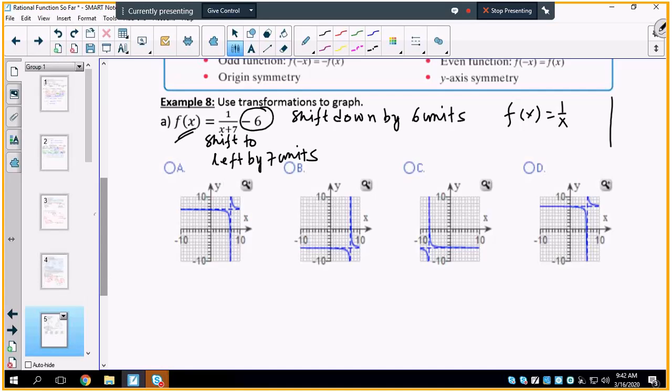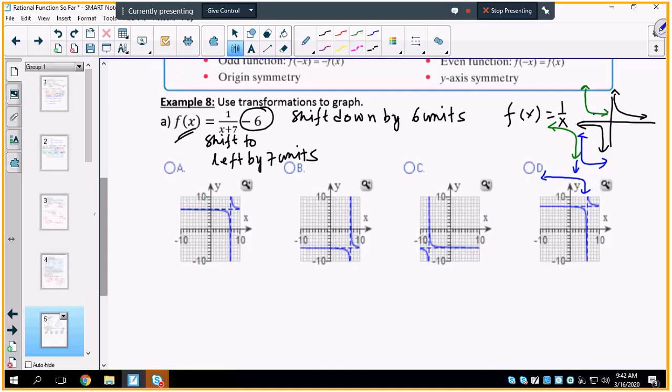So f(x) = 1/x is this nice shape. What you are going to do is shift it 7 units to the left. So when I shift it 7 units to the left, I'm looking at something like this. And then I'm going to shift it down by 6 units. Shifting it down by 6 units, this branch will come down here, and the other branch will be somewhere here.